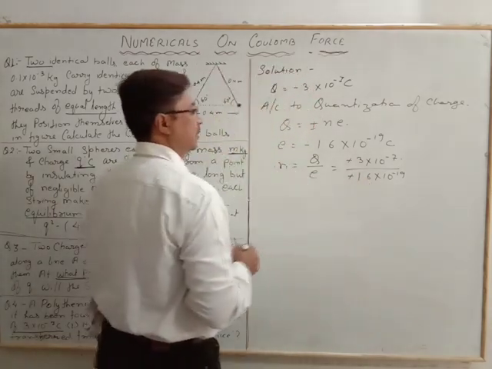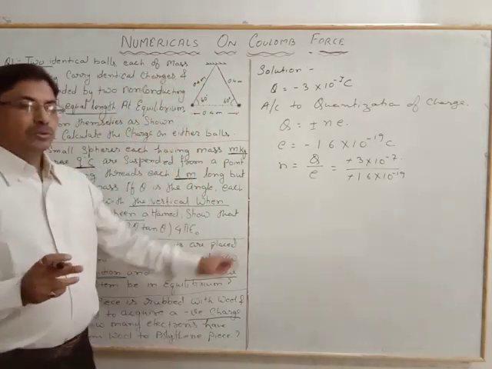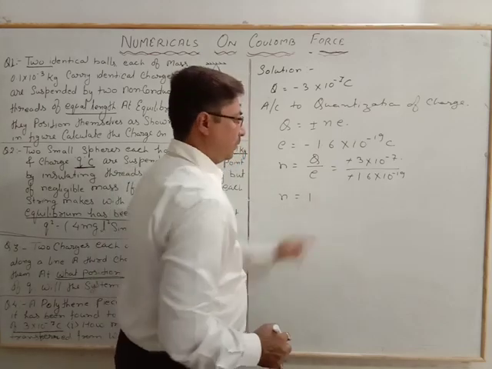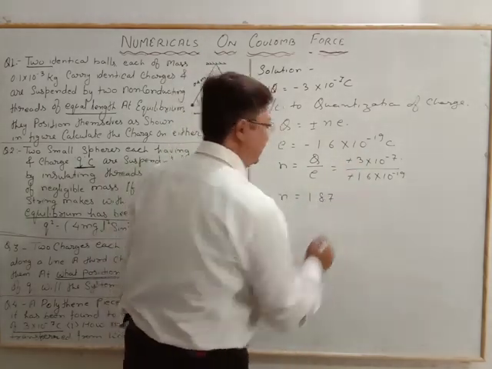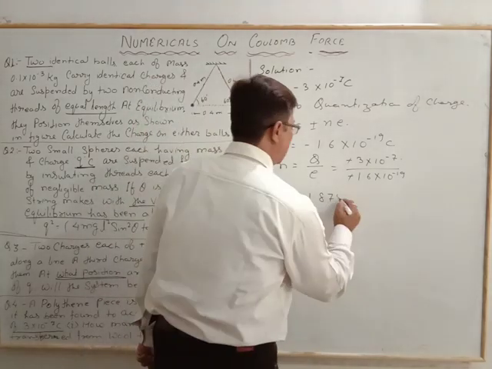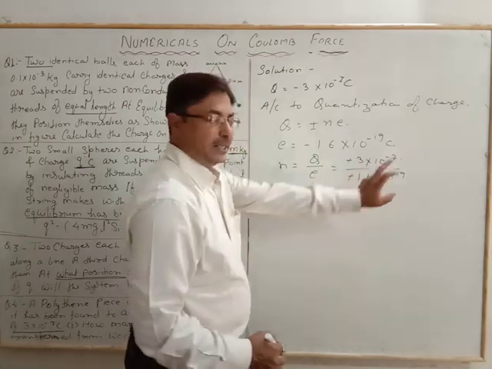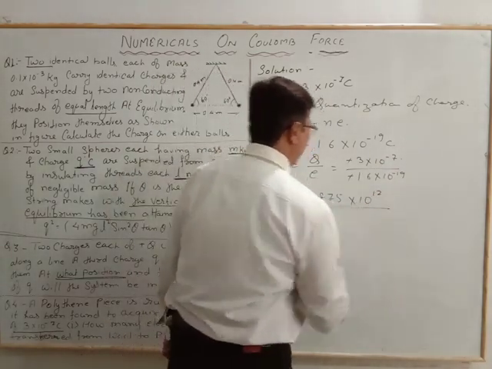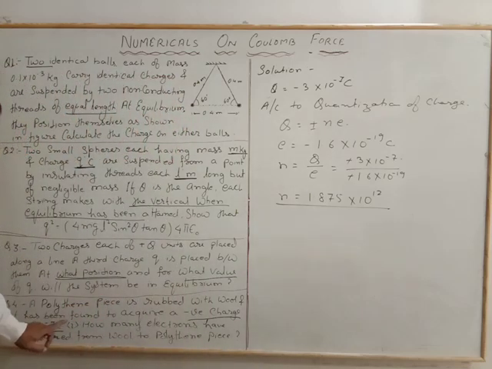Making the calculation here, we get n is equal to 1.875 into 10 to the power 12. That much is the number of electrons, the number of negative charges that shift from one body to another.